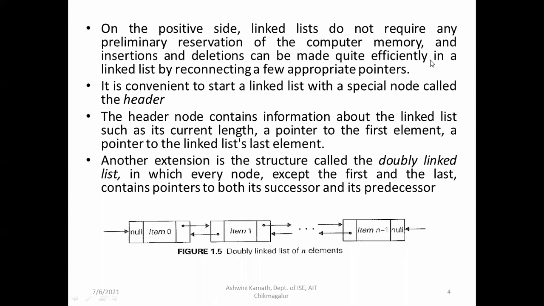Similarly, the last node will not have a next node, so its next part will be null, and its previous part will have the address of the previous element. The remaining nodes have the information part plus the previous node address and next node address.